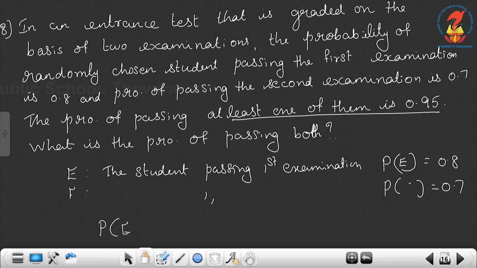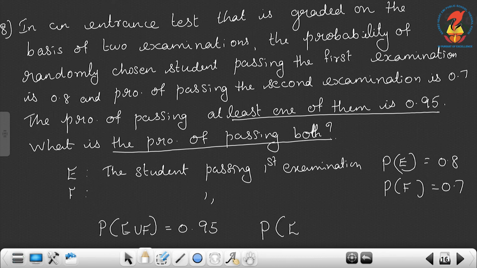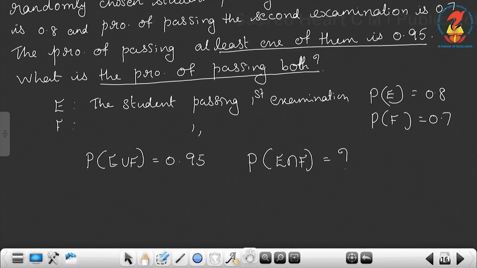So E union F is given as 0.95, and we have to find the probability of passing both, that is E intersection F. Both means intersection, or means union, at least means union. So now we apply this.